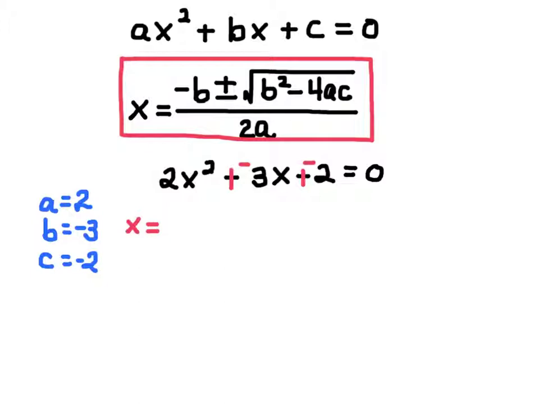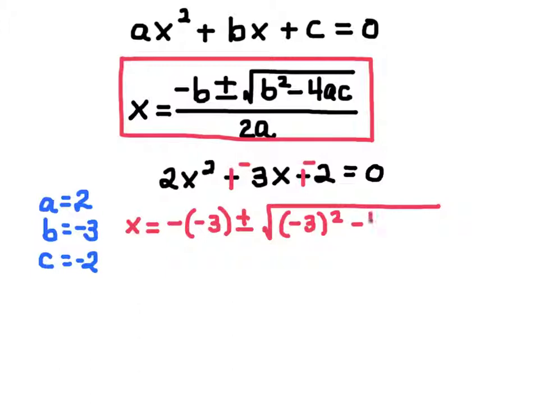So we start with a negative b. A negative b is -(-3), and we say plus or minus the square root of b squared, that's (-3) squared, minus 4 times a, which is 2, times c, which is -2.